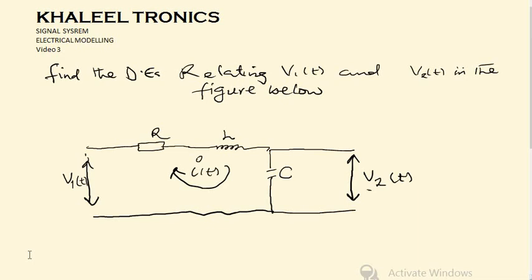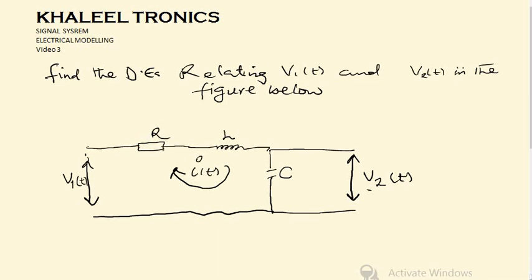So we are going to solve it by applying the same procedure that we did in the previous video. We are going to take a KCL of each loop. So here we go.